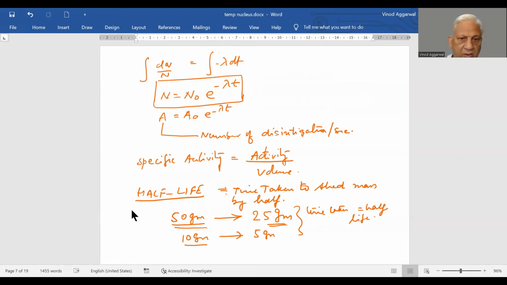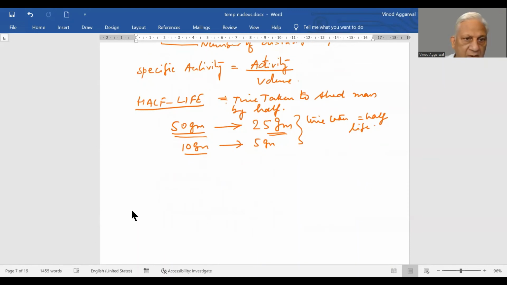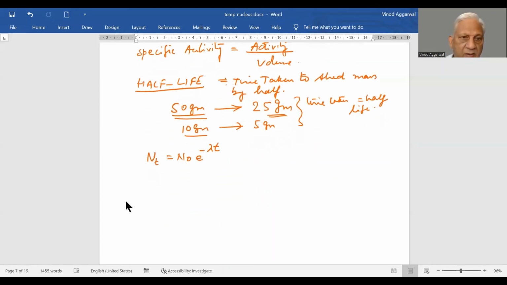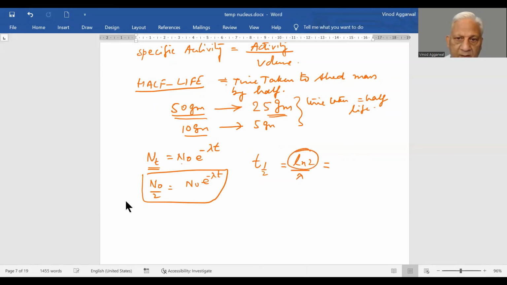Okay. Now, if we use our basic equation that the number of active nuclei at any time t is given by this formula, which we saw here, then if N t is half of N0, and we solve this equation, what we will get is that t half is equal to ln 2 by lambda, where ln 2 is 0.693.